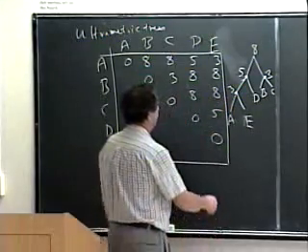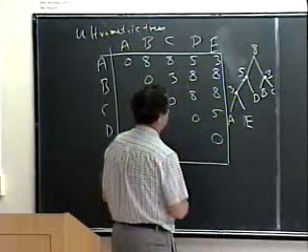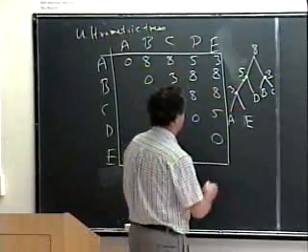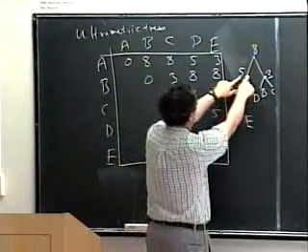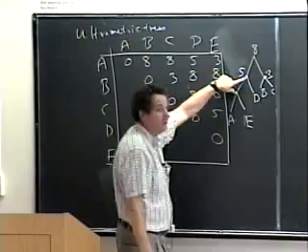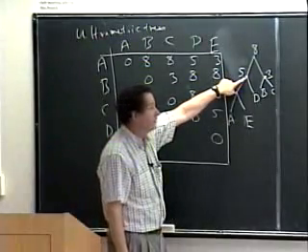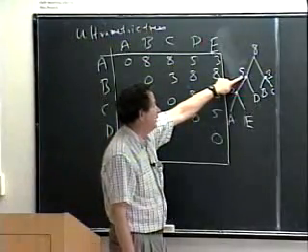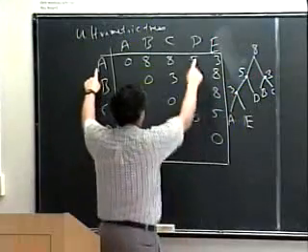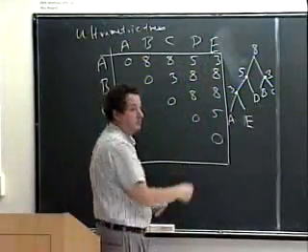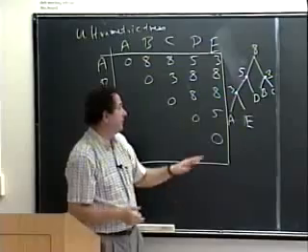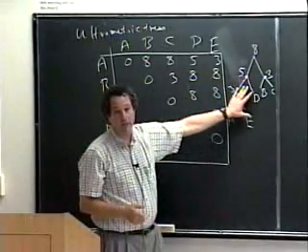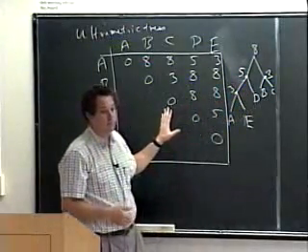And for any pair of rows, let's say A and D, when you walk up to the nearest common ancestor of both of them, the number that's written there is the AD entry in the matrix. Then this is called an ultrametric tree for this matrix.